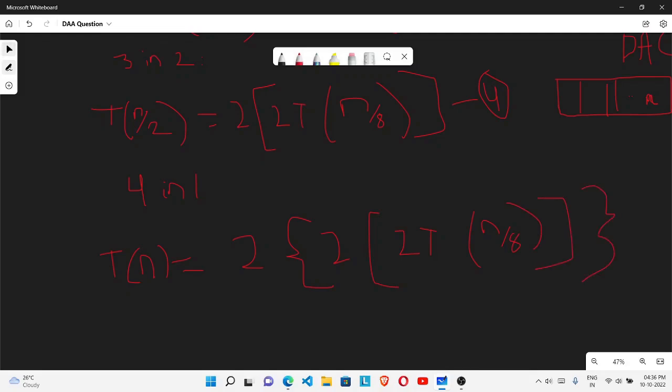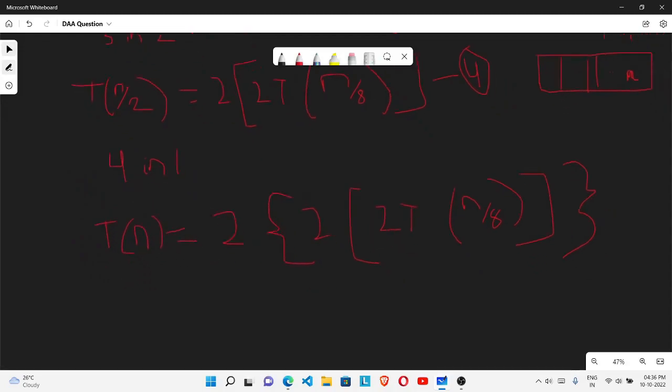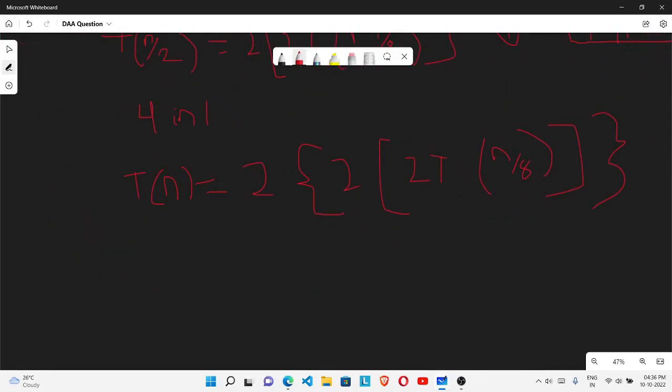So yeah, after this, you can see the pattern, right? How it's going. After k steps, T of n would be 2 raised to k, because every step you are multiplying it by 2.